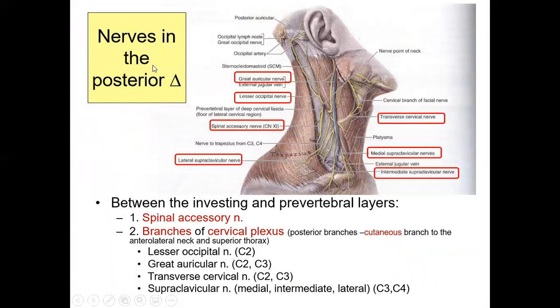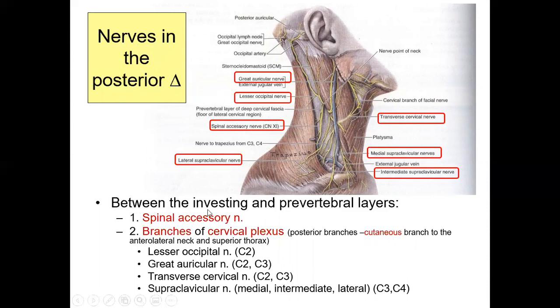Now we're going to see one by one the nerves present in the posterior triangle. Where is the location of the nerves in this posterior triangle of the neck?